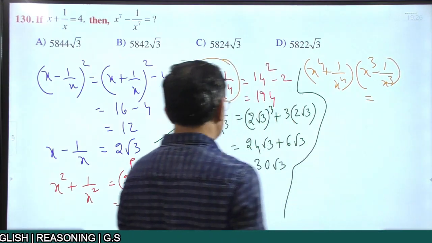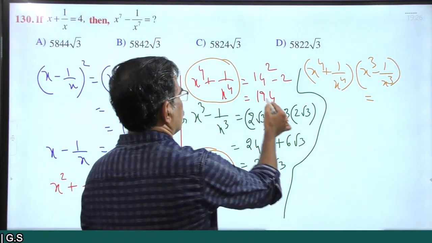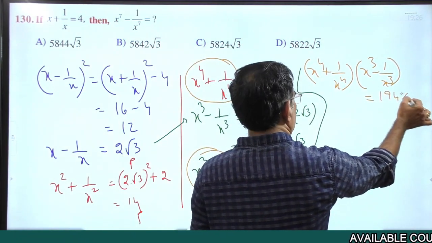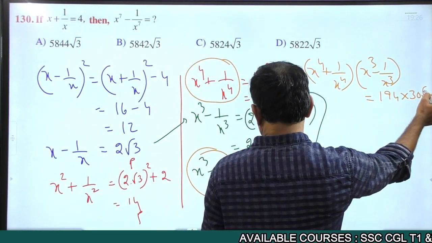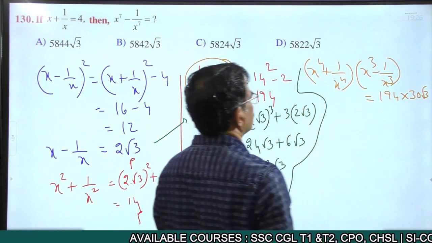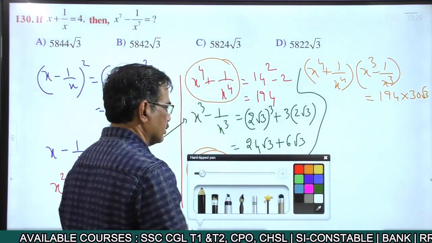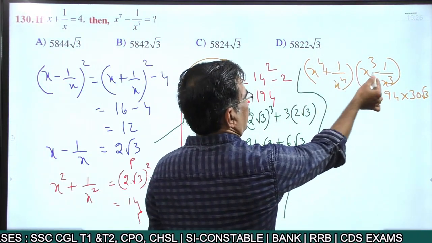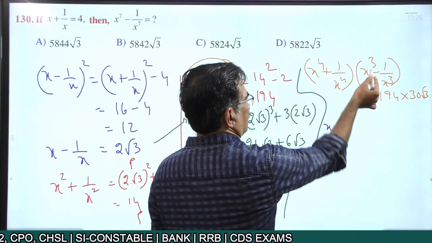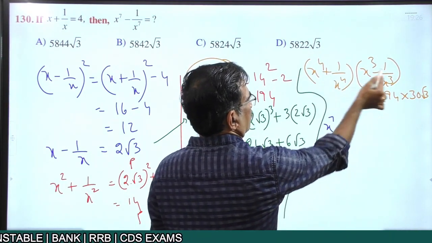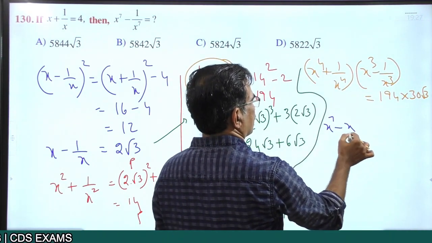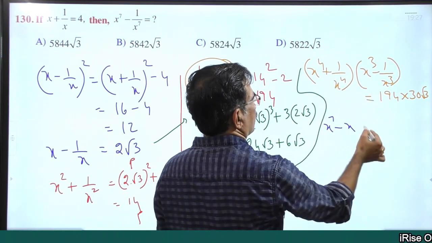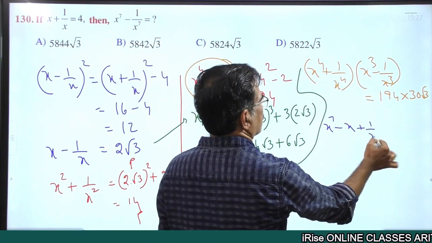X power 4 plus 1 by x power 4 multiplied by x cube minus 1 by x cube is equal to 194 into 30 root 3. Then what do we get here? X power 4 into x power 3 is x power 7. This into this, minus x. 1 by x power 4 into this one is plus 1 by x.